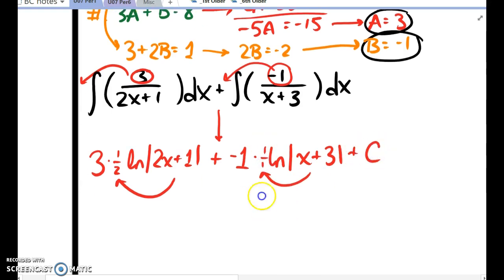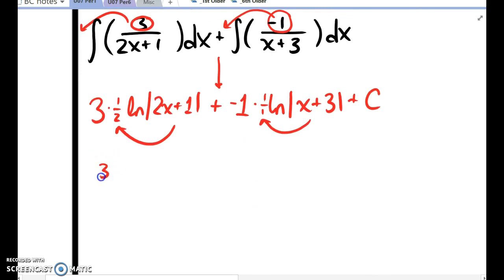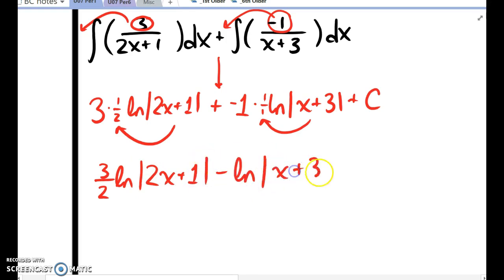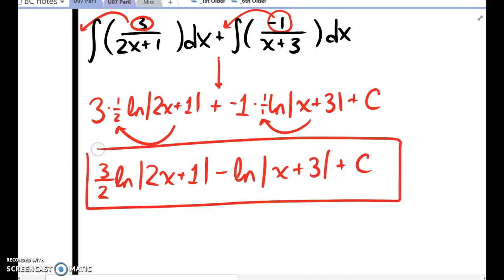Of course, that doesn't make a difference. So we have 3/2 natural log absolute value 2x plus 1 minus natural log absolute value x plus 3. There it is. There's some stuff you can do with properties of logs to make this look different if it's a multiple choice question, but there's no need to do that in general.